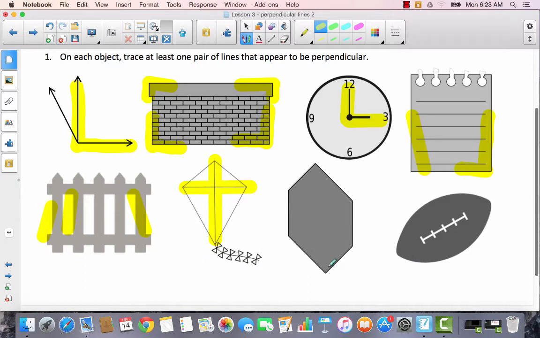But then when I look really closely, this looks like it might be a right angle. And this angle here might be a right angle. And then on the football, kind of like the fence, everywhere that the vertical laces cross the horizontal laces would make a right angle or perpendicular lines.